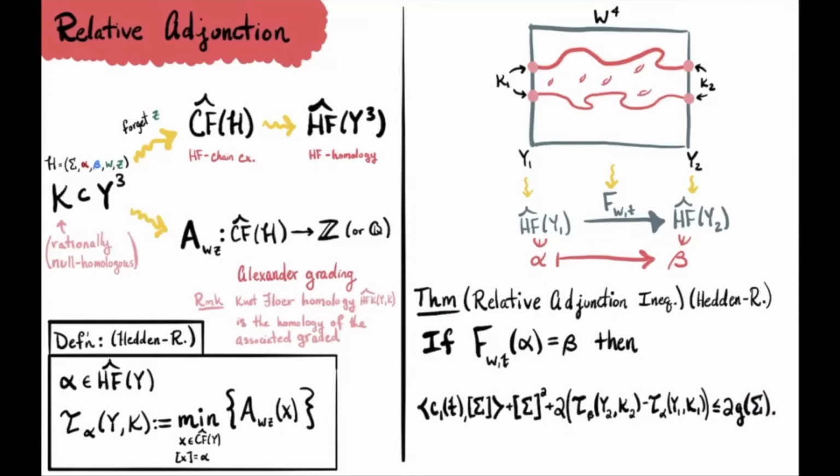Notice here I have the difference of these 2 tau invariants, the one corresponding to alpha in Y1, and the one corresponding to beta for K2. And then there are these extra terms that are dependent on this homology class that we fixed for sigma.